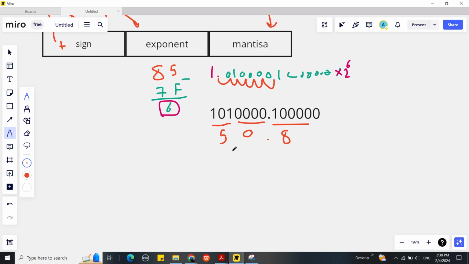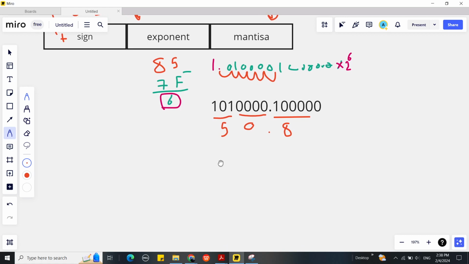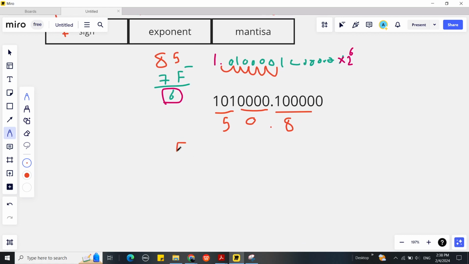50.8, and then you change this 50.8 to decimal, and basically you just take 5 times 16 power 1 plus 0 times 16 power 0, which is going to give you 80 plus 0, which is 80. And then I'm going to take the decimal, 0.8. Sorry, my bad.